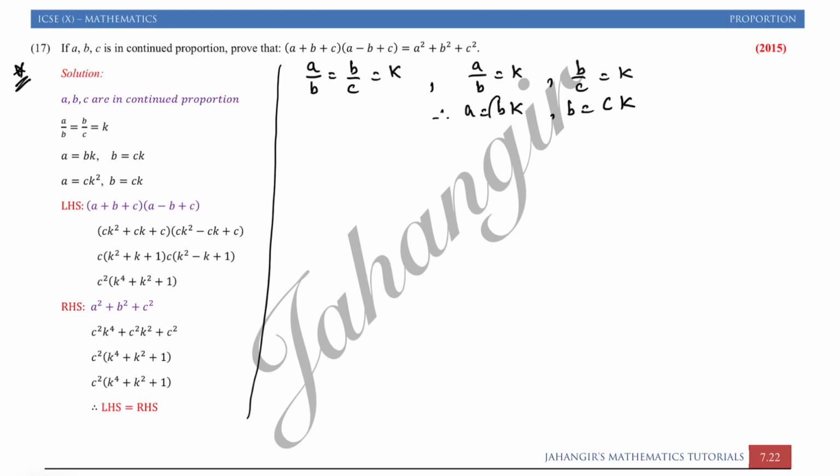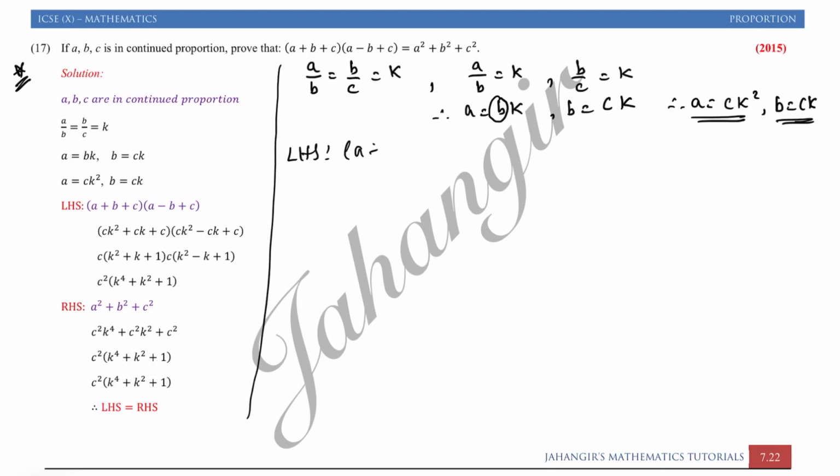Okay, so B value I can put over here, so therefore I will get A is equal to B value, CK into K, is CK square, and B value is CK. So A value I got as CK square and B value I got CK. So now LHS.